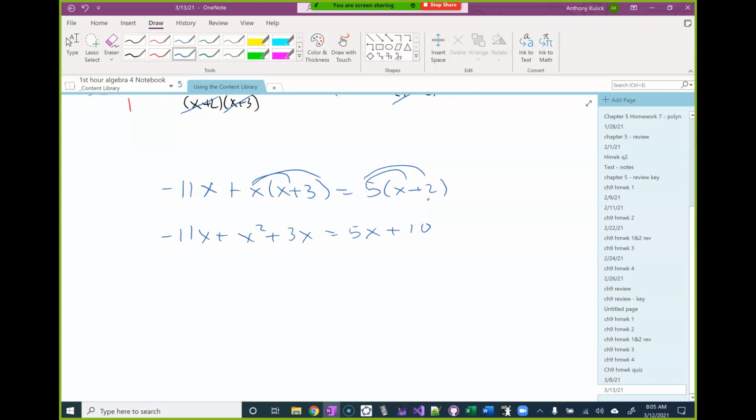Anyways, I'm going to make another change again because I goofed it up again. So moving this onto one side, I'm going to subtract the 5x and then subtract the 10.